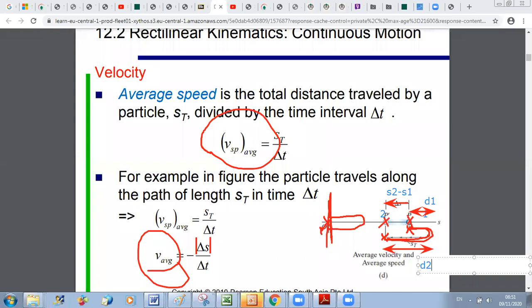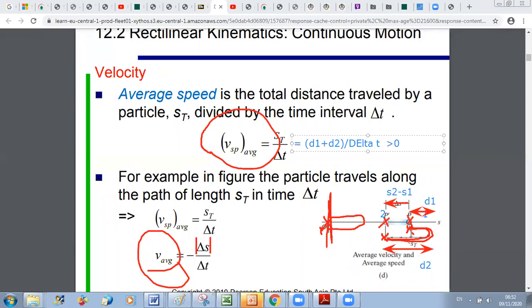Okay, so in this case, I say that the average speed for this example is equal to d1 plus d2 over delta t. So the first conclusion we can make is that the average speed is always positive, cannot be negative because it's considered a distance. Okay, the distance is a positive number.